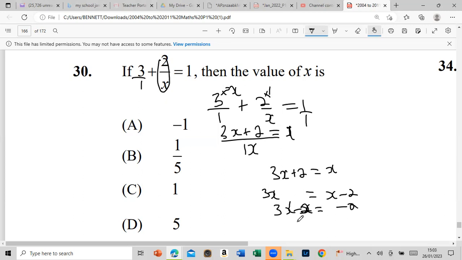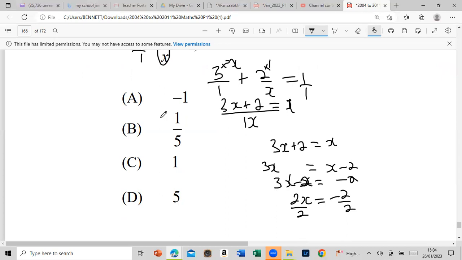So this is going to give us 2x equal negative 2. And then we divide both sides by 2. Alright, so that will give us negative 1, as I was saying. It's supposed to be negative 1.